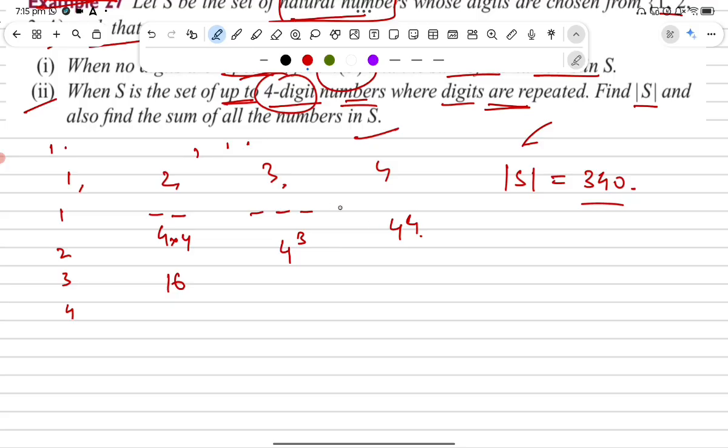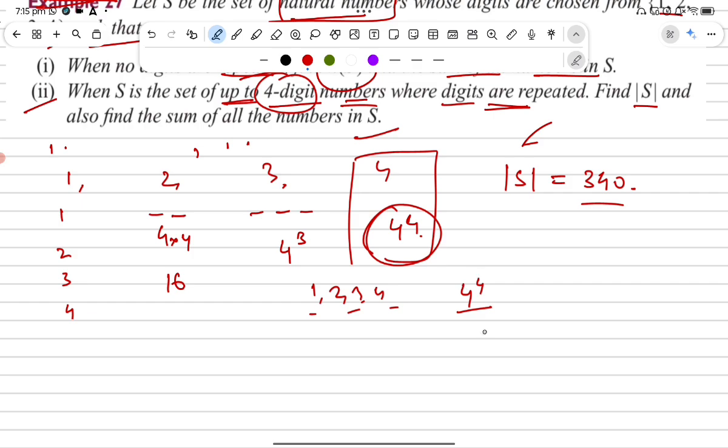Now we are supposed to add these. So first of all, we'll add the 4 digit numbers. So these many 4 digit numbers are possible. Each position will have 1, 2, 3, and 4 appear an equal number of times. How many times? 4 to the power 4 by 4. And then we'll add this and then multiply it by the place value.